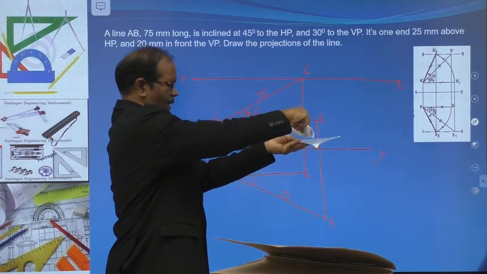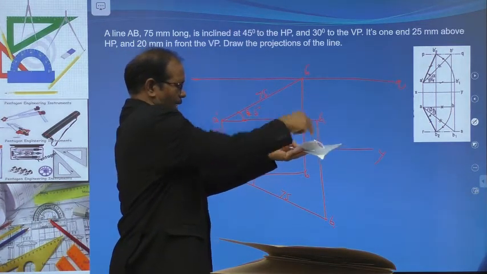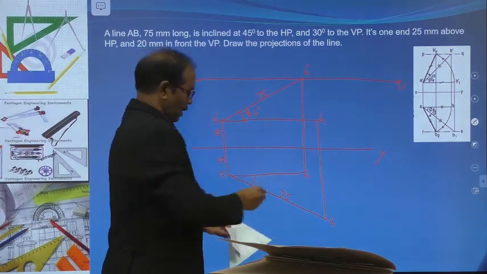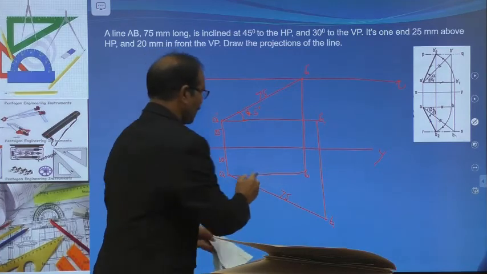So this is the line inclined to VP at an angle. This is the front view and this is the top view.